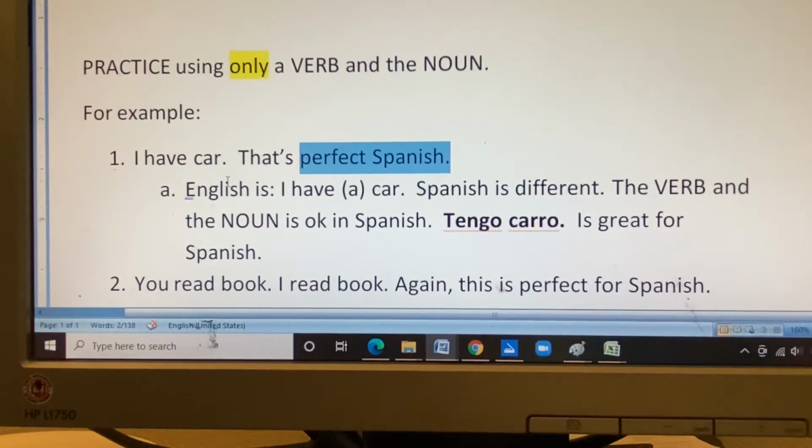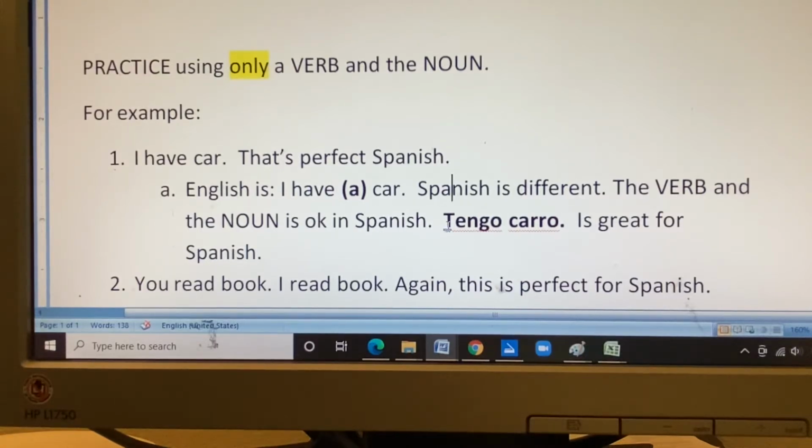In English, we're going to say I have a car. But in Spanish, we're going to leave out the A and just say I have car. Spanish is different. The verb and the noun is okay in Spanish, leaving out the A.